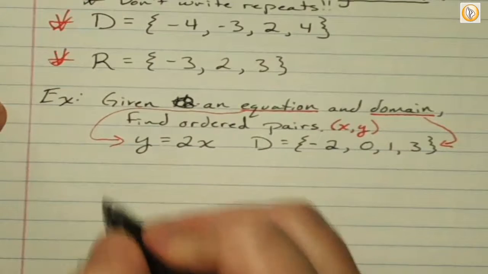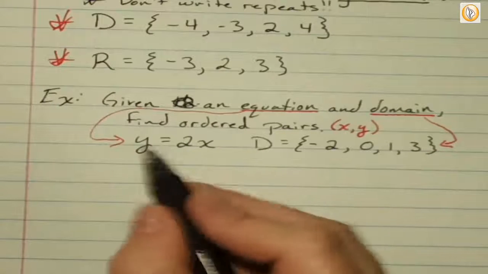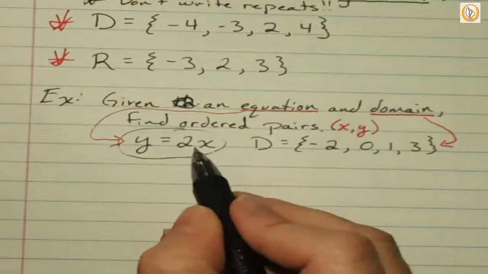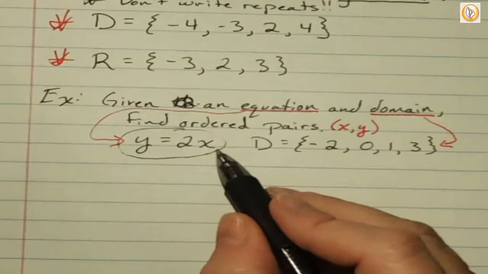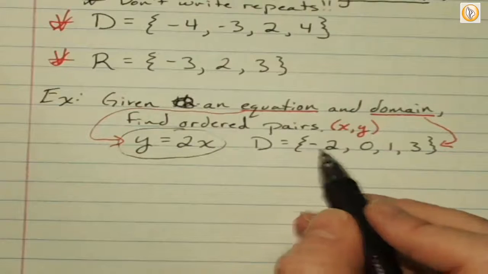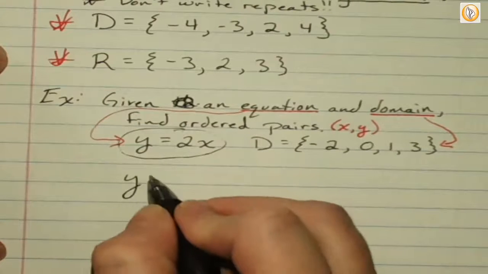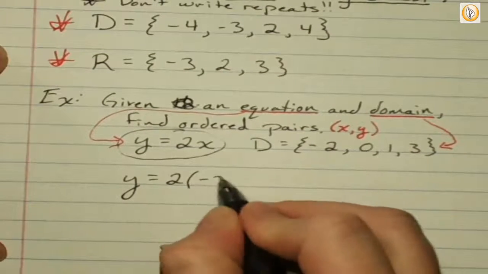Here's my equation, here's my x's. All we're going to do is replace this x with each of these x's to find our ordered pairs.